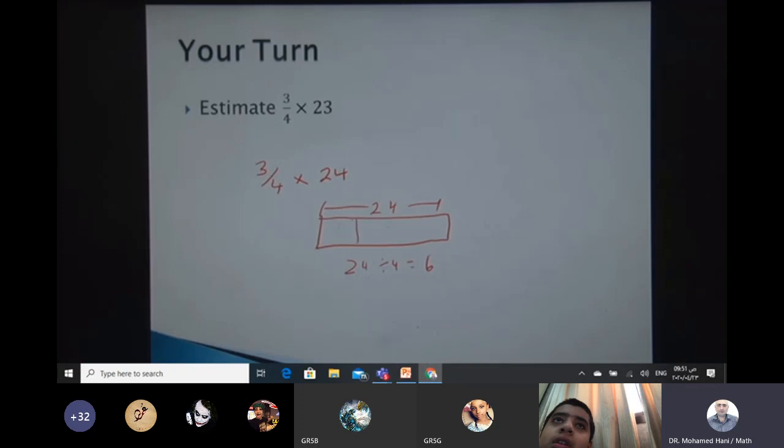I'm going to divide this into 4 sections, and each section has a value of 6. So now I need 3 of them to find my estimation value, and 6 times 3 is equal to 18. So my answer of 3/4 times 23 is about 18.